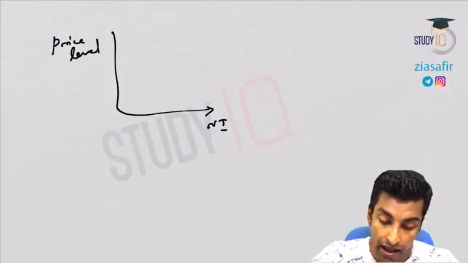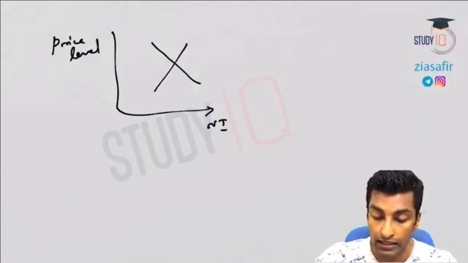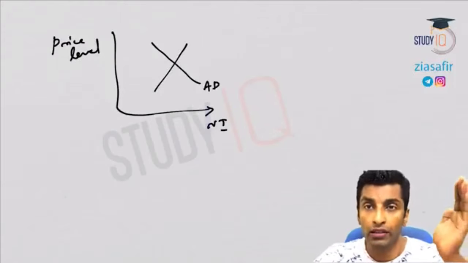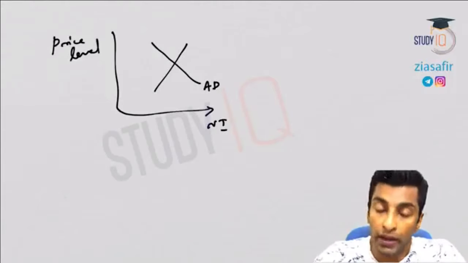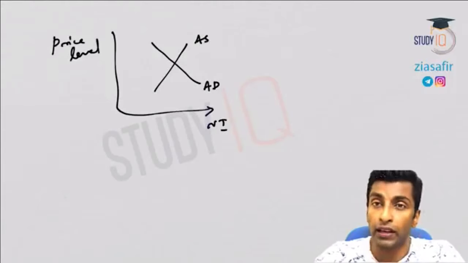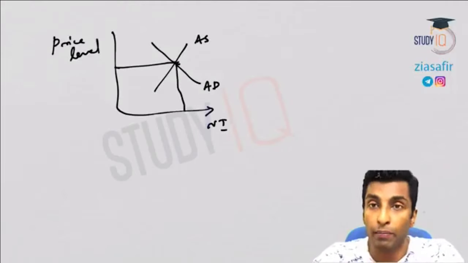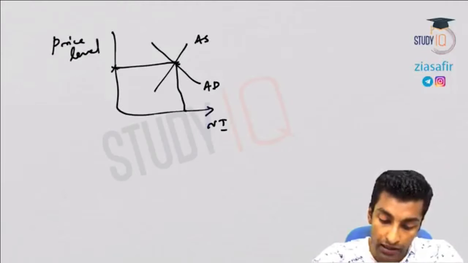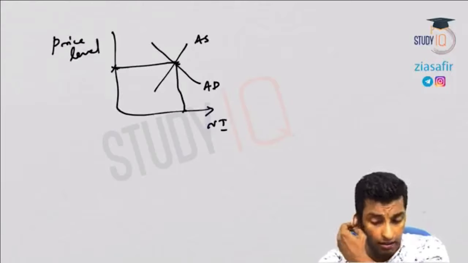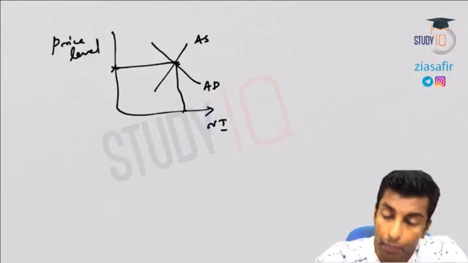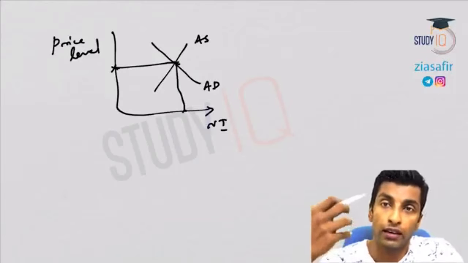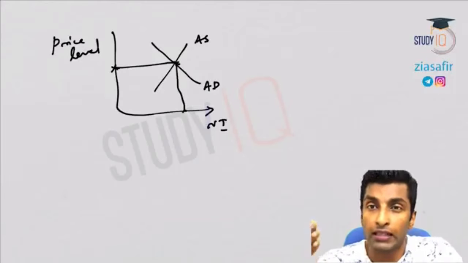This is the normal situation. Let's say the aggregate demand curve is downward sloping, and this is the aggregate supply. This is the equilibrium point, this is the equilibrium price, and this is the national income.